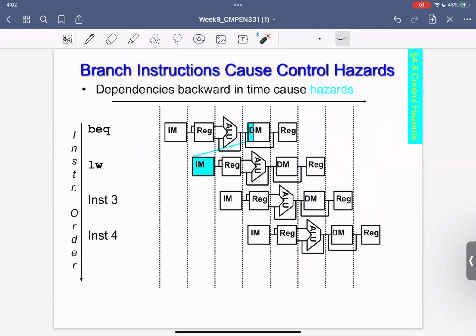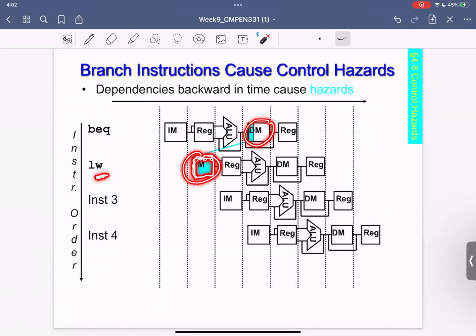We mentioned that we will know in the memory stage whether the branch is correct or not. With the load word, I need to fetch the instruction here. Unfortunately, I am still here. I don't know what to fetch. If I fetch that next instruction directly, I'm not fetching the correct instruction.